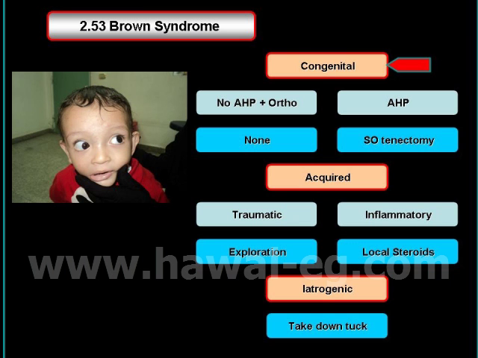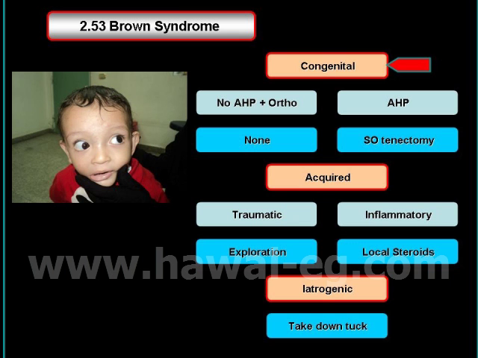This usually consists of a variable head tilt and chin elevation that places the involved eye in a position of abduction and depression. Only in these cases, surgery is performed to normalize the head posture.